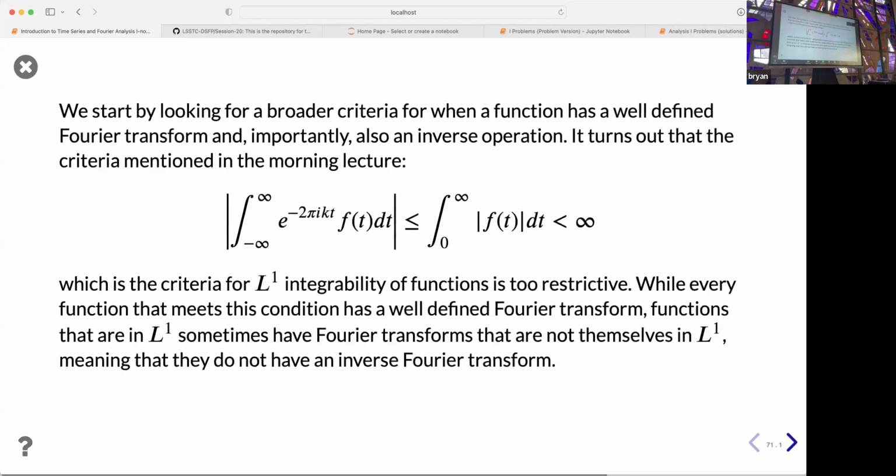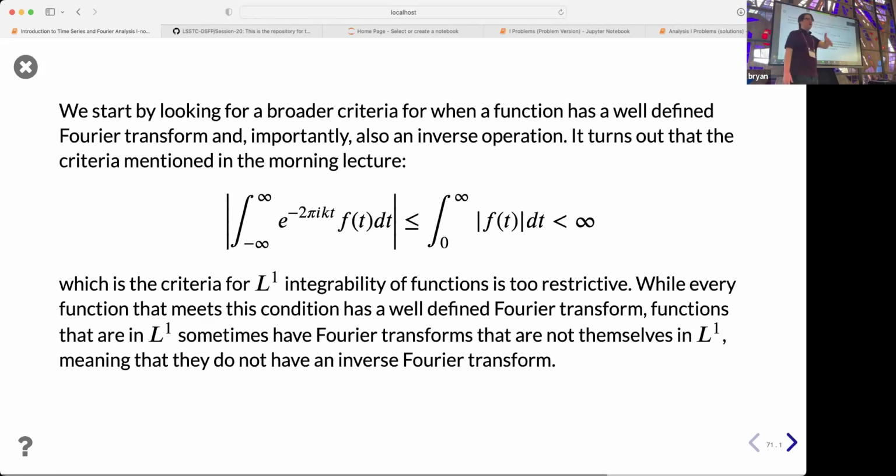As I mentioned earlier, we start by looking for a broader criterion for when a function has a well-defined Fourier transform. The issue with this L1 integrability condition, as I may have mentioned this morning, is that there are functions that have well-defined Fourier transforms, but don't have inverse transforms according to this definition.